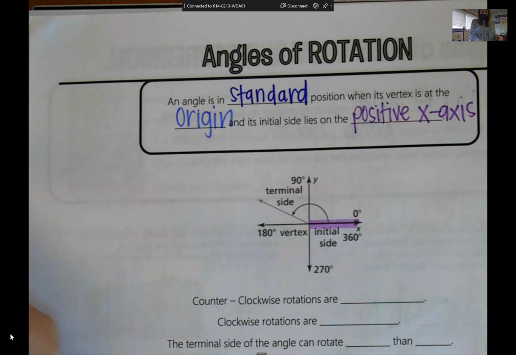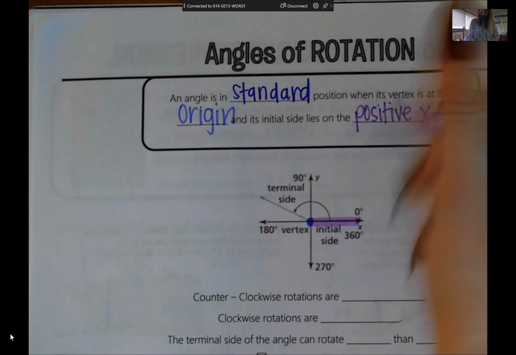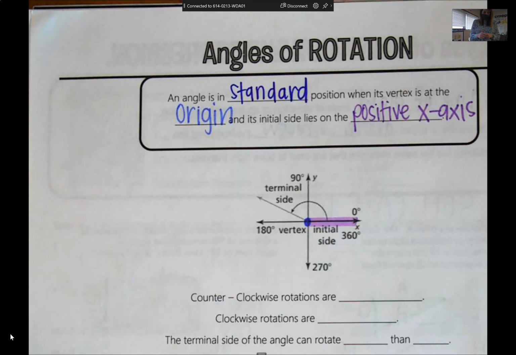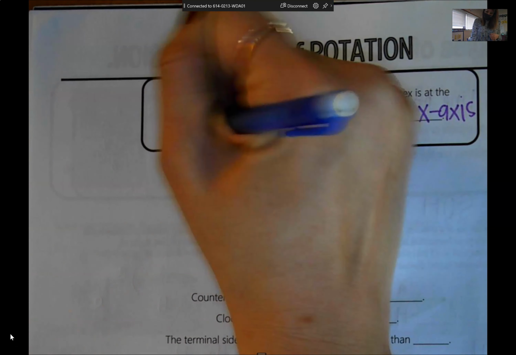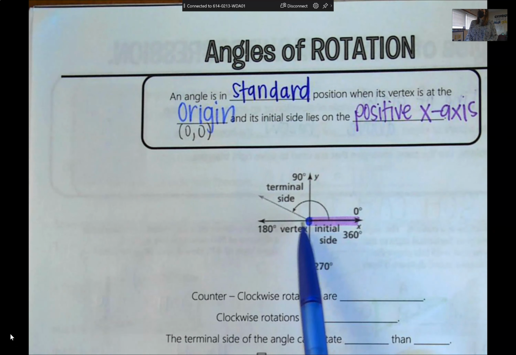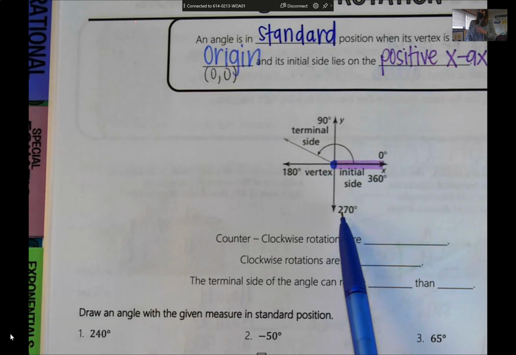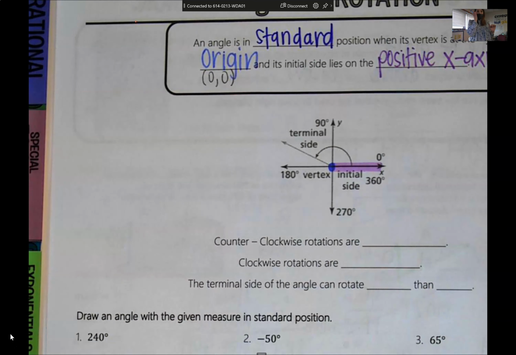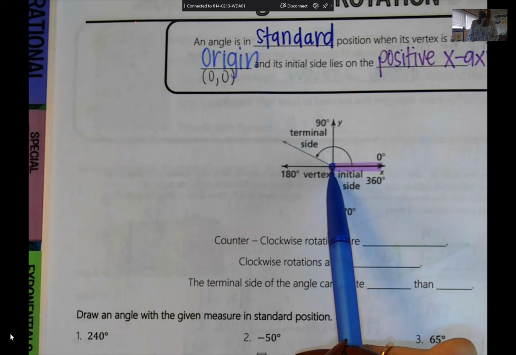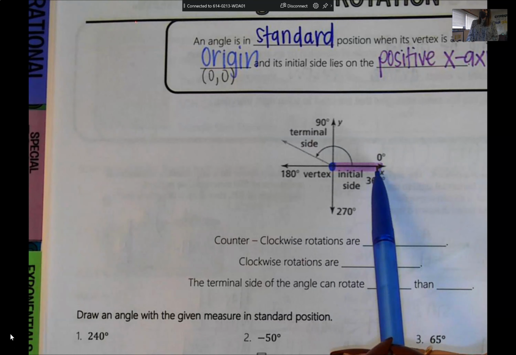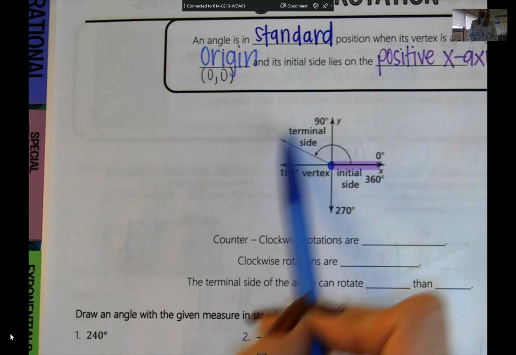And we know that because this point right here is the origin, or 0, 0. So points to the left are negative, points up are positive, points down are negative. You're hanging in? So standard position is the vertex is here, the initial side is the positive x-axis, and then your angle opens up to the left, counterclockwise.